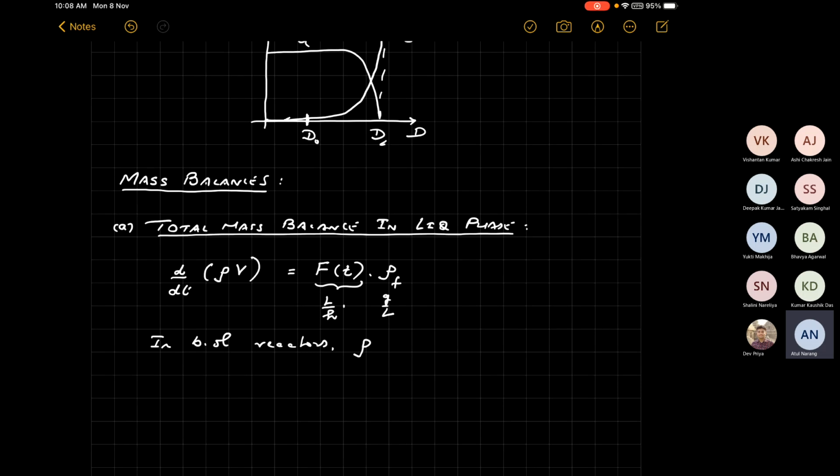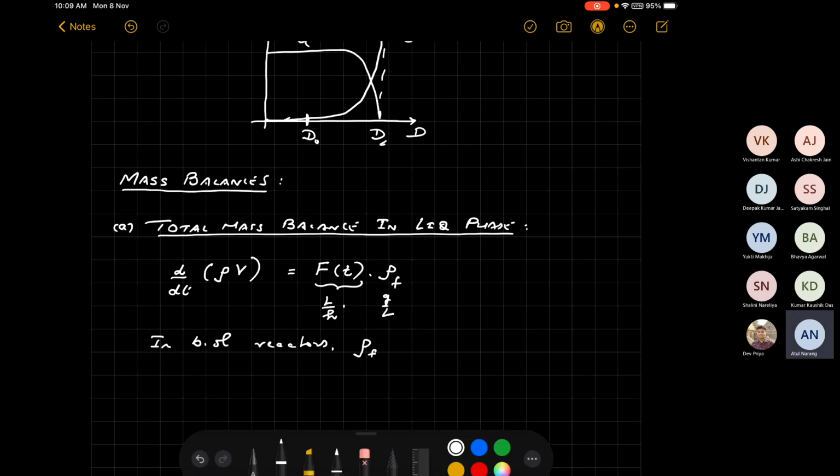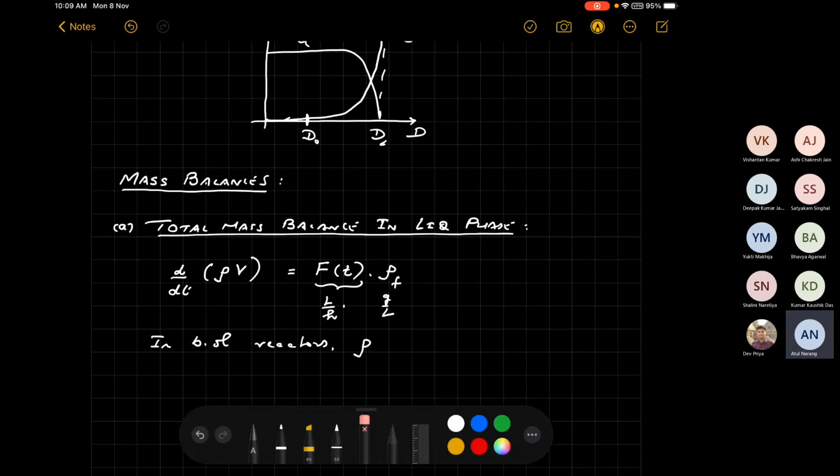But since the density of the cells is essentially equal to the density of water, the density of cells is like 1.05 grams per centimeter cube, and the density of water is 1, rho, which is the density of the water plus cells, is actually very close to the density of the feed, which is equal to 1 gram per centimeter cube, approximately, depending upon the conditions.